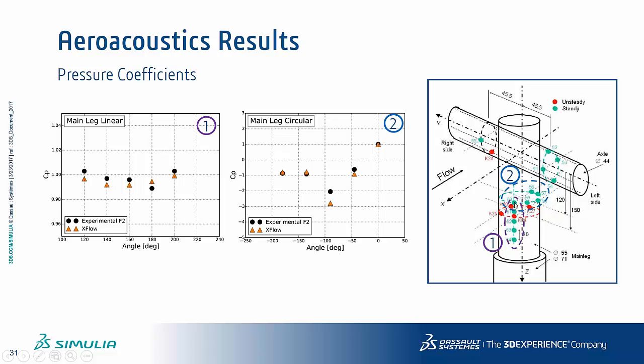Now, two other regions on the leg, so in the front with a distribution of points like this, and also circularly around the leg. So you can see on the first area, which is let's say linearly distributed vertically, you've got also a good match despite a slight underestimation there, here, and then here as well.